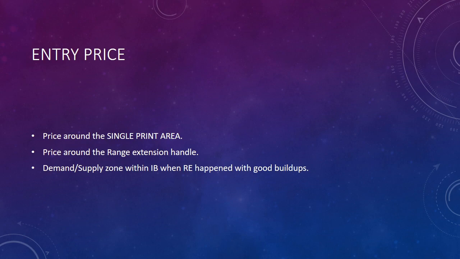So when there is a single print, you go with the full 100% quantity at the entry price of that extension handle. And when that doesn't happen, you only enter 50% there, and the rest of the 50% within the IB. If it is an upside range extension, you would enter the rest of the quantity within the IB near some demand zone, and vice versa, you would enter at a supply zone if the range extension is to the downside.